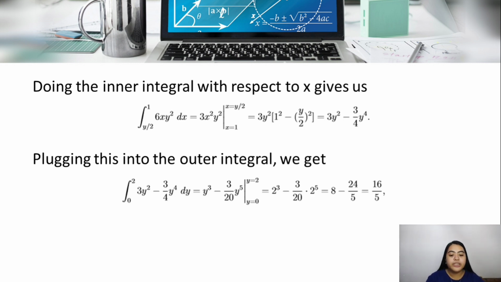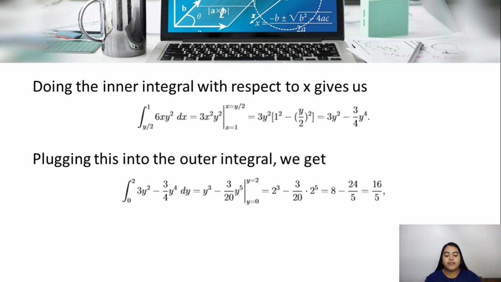Plugging this into the outer integral, we get the integral from 2 to 0 of 3y squared minus 3/4 y to the power 4 dy, which equals y cubed minus 3/20 y to the power 5, evaluated from y equals 2 to y equals 0.